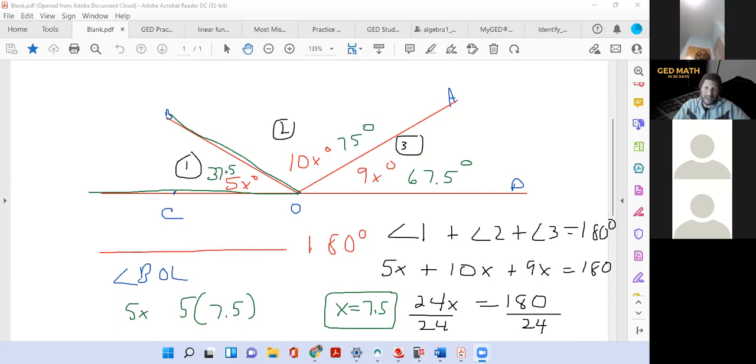But for our purposes, studying for the GED, I wouldn't spend a whole lot of time on angles. If you have those other goals in mind, then you want to make sure you know angles. It's a very important concept of geometry.